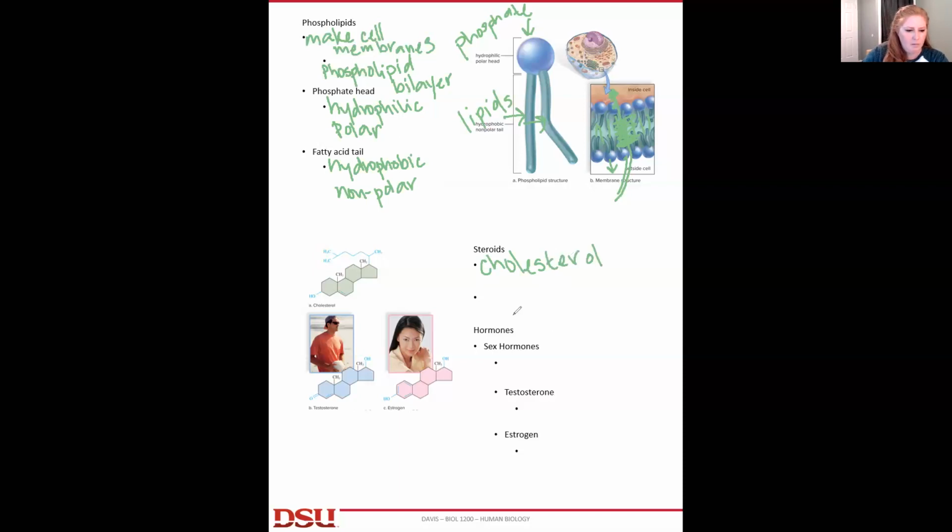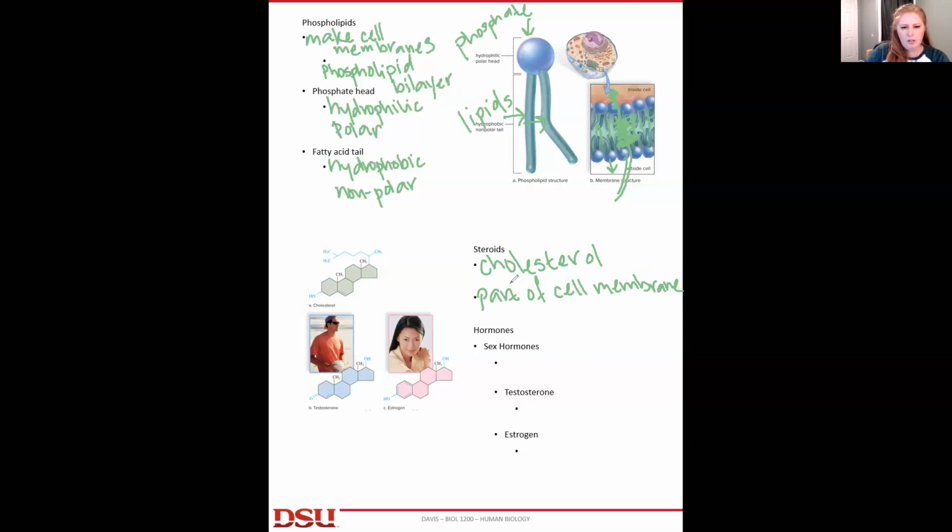Cholesterol is one of the other types of things that's embedded in this phospholipid bilayer. And of course, we know that health-wise, we look at our HDL and LDL levels to gauge if there's things we need to change as far as diet.